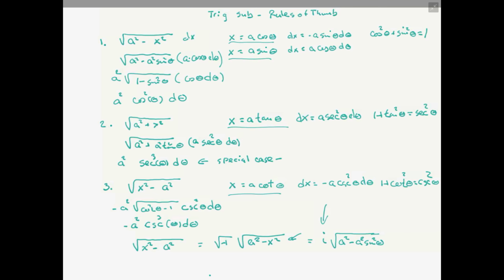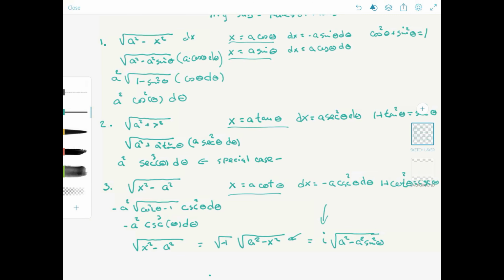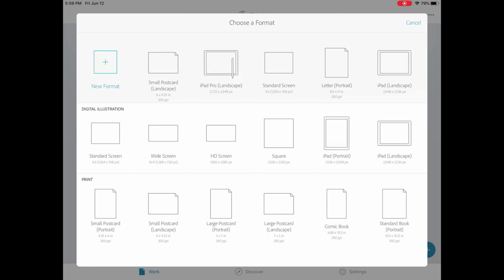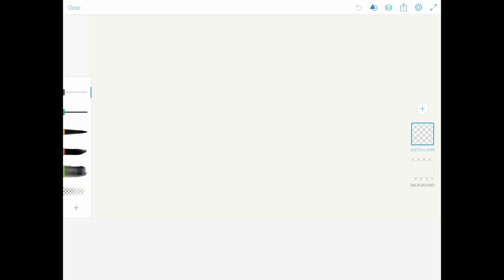And then, of course, we don't want to forget that we have very important identities, the double angle formula. So we have cosine of 2 theta equals cosine squared theta minus sine squared theta.